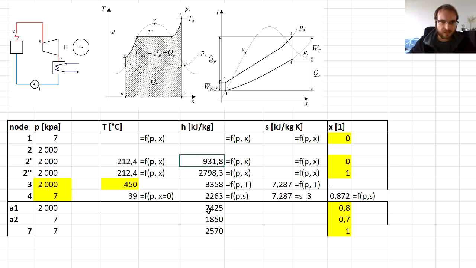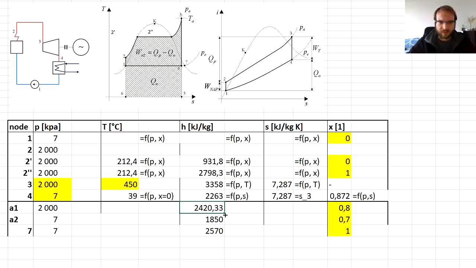The difference is in the determination of the enthalpy at this point, because the exact enthalpy for steam quality 0.8 and 2 megapascals would be 2420.3.